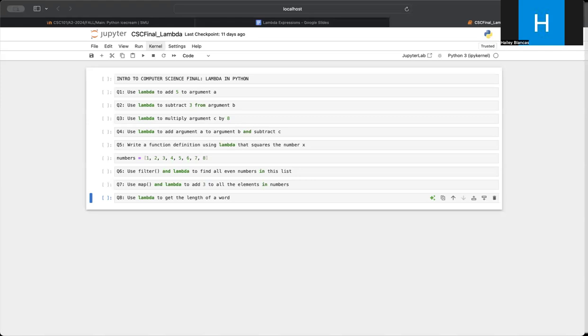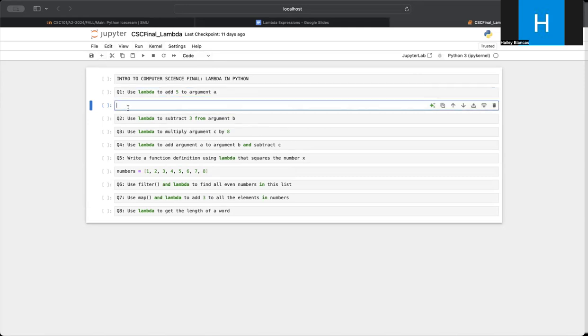Here I have a list of examples for us to go through. Question 1 says, use Lambda to add 5 to argument a. So I'm going to create a new cell. We're going to make this function equal to the word add. Then, like the example, we're going to write Lambda a, because a is our argument, and add 5 to a, which would just be a plus 5.